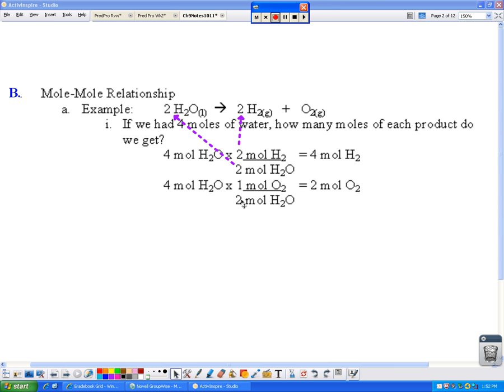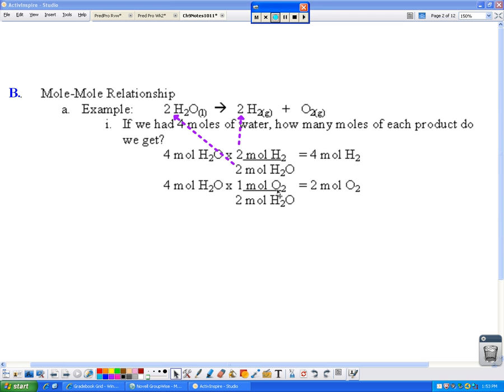And this is essentially the new big step that we're going to talk about in this chapter. It's going from moles of one compound to moles of another compound. And just like all stoichiometry, the real key is setting the units up in the right place. Taking the given's units and canceling them out in the next step to change over to a new set of units.